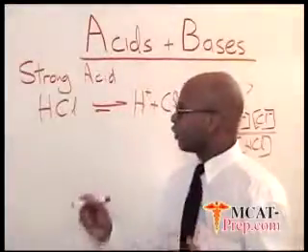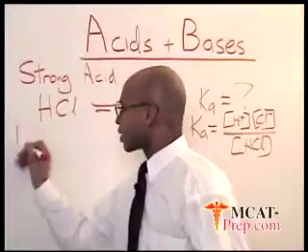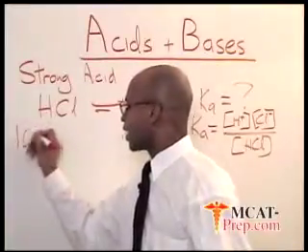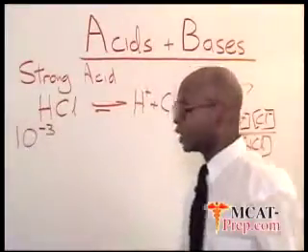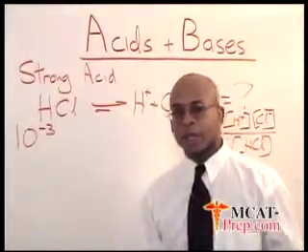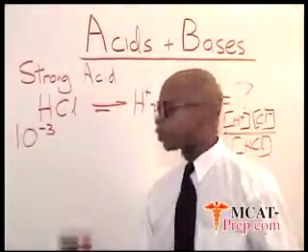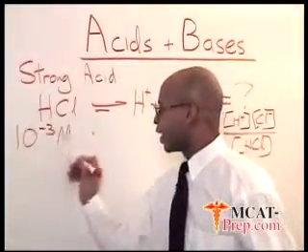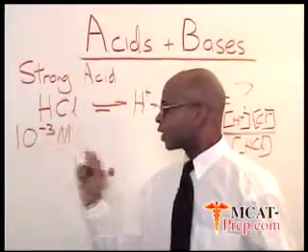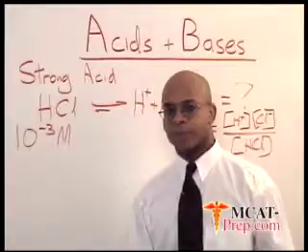So if we were given that we started the reaction with, say, 10 to the minus 3 molar of HCl. Molar, as we described before, is moles per liter, and that represents the concentration of HCl. If we were to start with 10 to the minus 3 molar of HCl, what would be the pH of the solution?